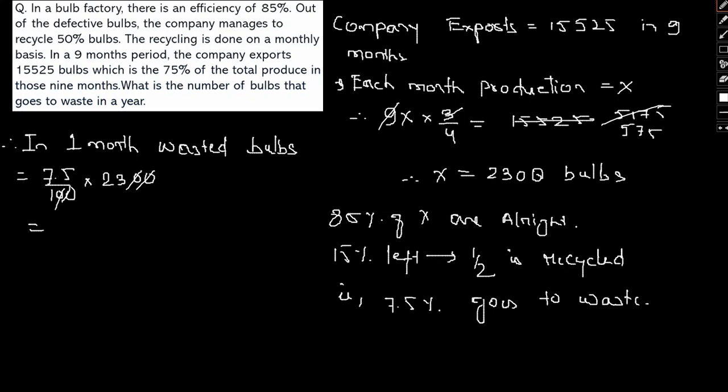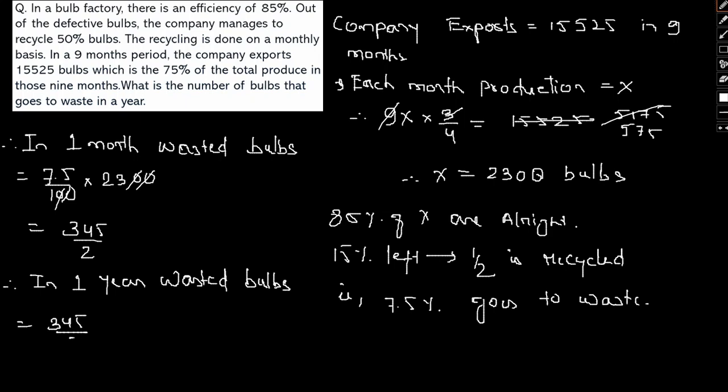So this would come out to be 23 into 5, that would be 345 by 2. So therefore in 1 year, the wasted bulbs will be 345 by 2 into 12. So that would be 2070 bulbs.